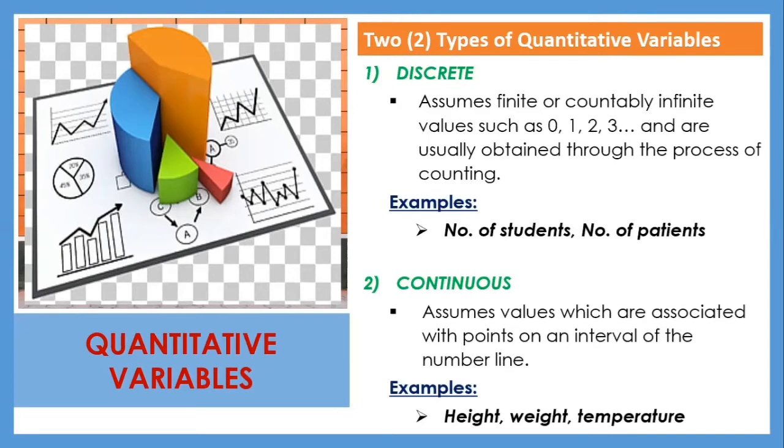Others have 5 feet 1 inch, 5 feet 4 inches, okay? For the weight, you have, let's say, 50.55 kilograms, right? Or 70.8 kilograms. For the temperature as well, okay? So there are points on an interval of the number line, okay?